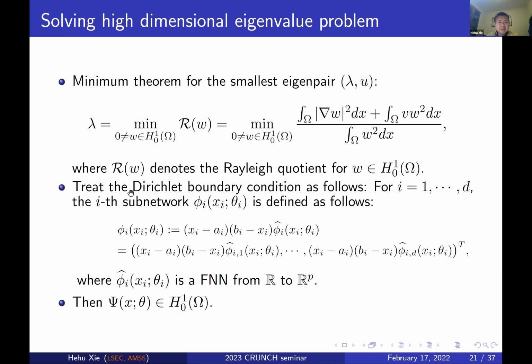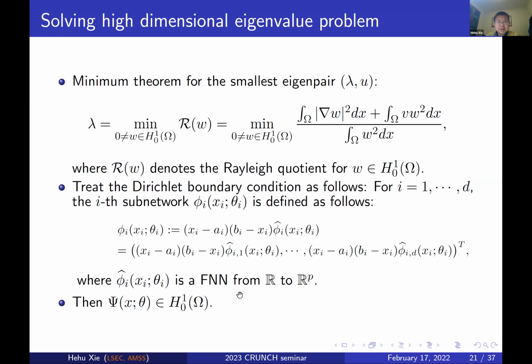And here we use this way, times this, to handle the Dirichlet boundary conditions. We borrow these ideas from other papers, and we just want to make the TNN functions belong to the H01 subspace.